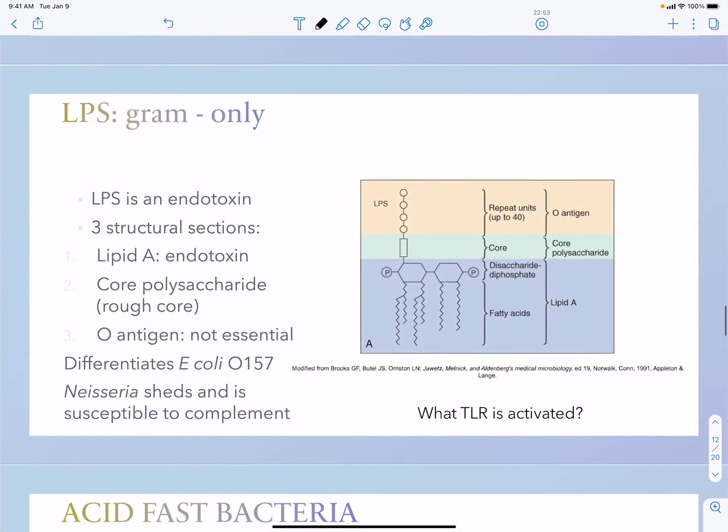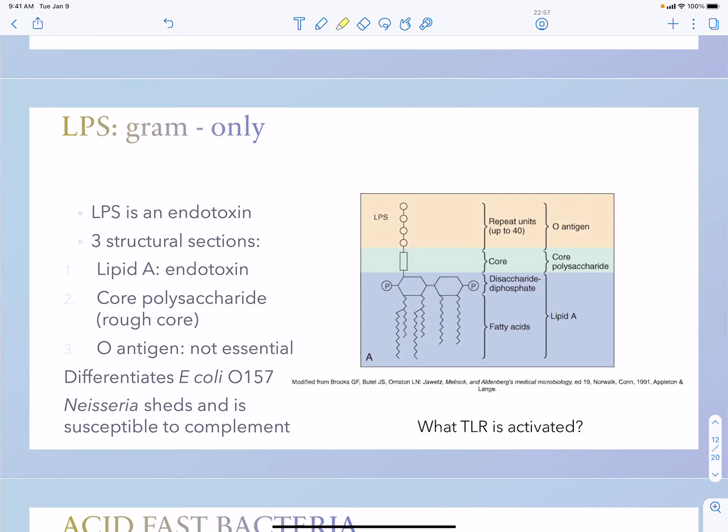LPS. So LPS is an endotoxin. It, again, is the only endotoxin, so it's only associated with gram-negative bacteria, never gram-positive bacteria. It has 3 structures. It has a lipid A, it has a core polysaccharide, and it has what's called the O antigen. The O antigen is not essential for the bacterium to survive.